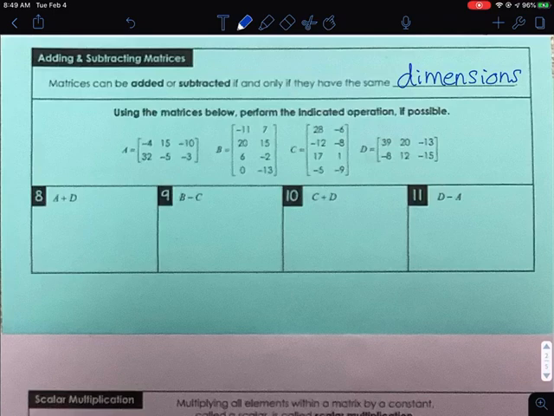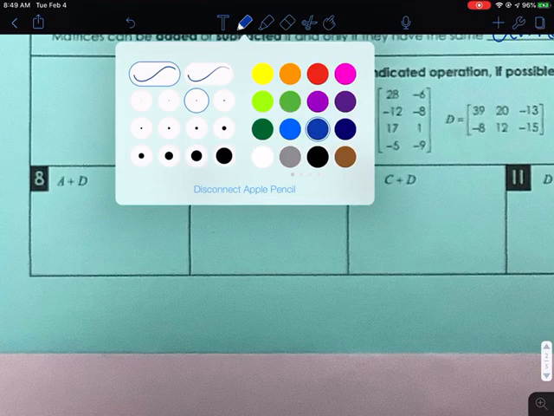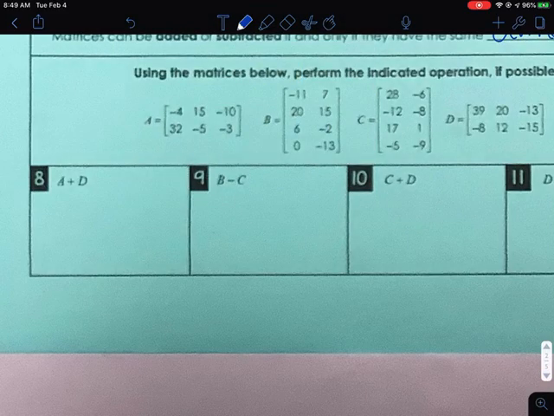So now, you are given matrices A, B, C, and D. What they want me to do in number 8 is to add matrix A plus matrix D. So I am going to write those down here so that they're close to each other.